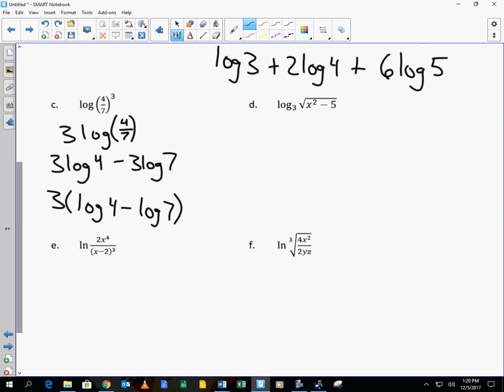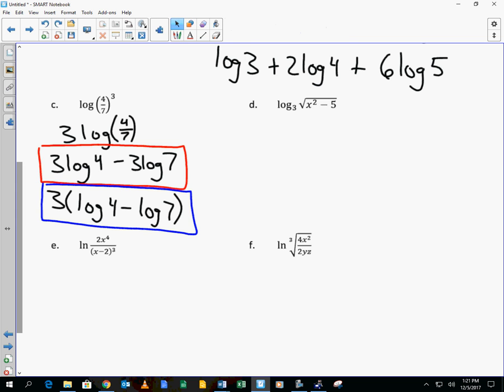Okay, this is the last time I'm going to kind of try to pound this into your brain, but I want you to pay careful attention to this. Anybody know which one they would give as an answer in the back of the book, the red or the blue? The reason why they would give blue as the answer is it represents the original problem. This one, the one in the red, technically represents log of 4 to the third over 7 to the third.